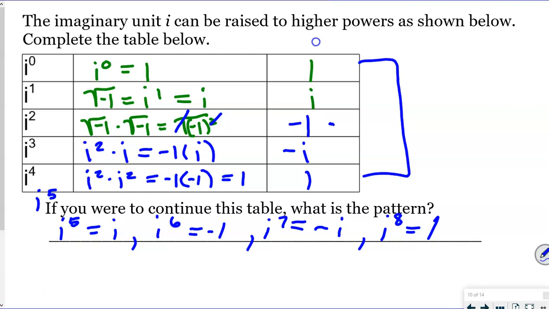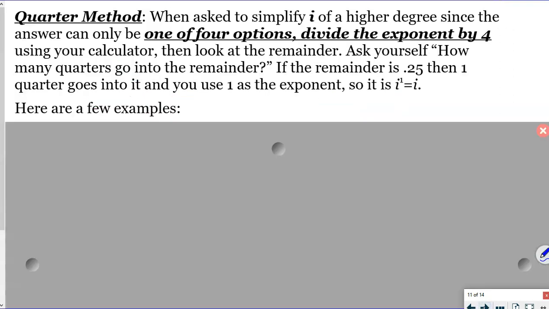Now I'm going to teach you a method called the quarter method, okay? The quarter method is when you're asked to simplify i of a higher degree, like maybe in the teens, or 40 something, or 100 something, or a 500 something power.